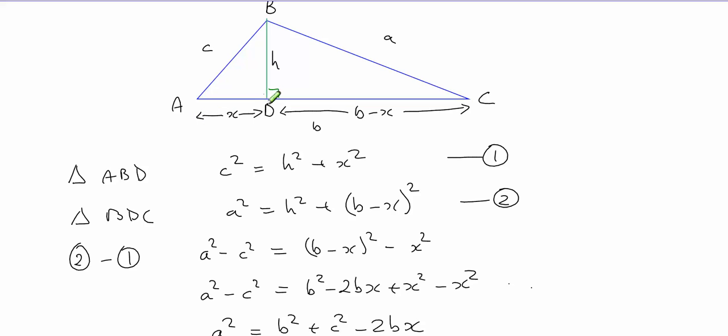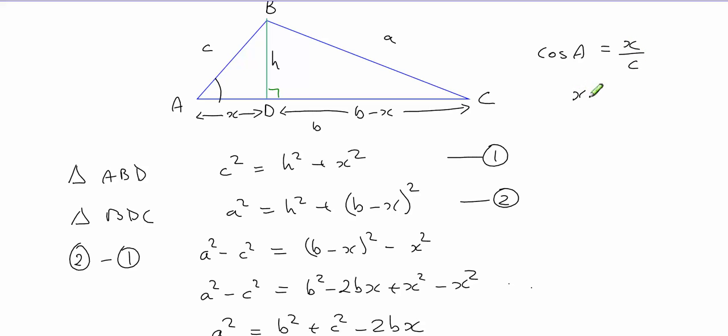Now going back to the triangle, x, we can see in triangle ABD, we can say the cosine of A, which is equal to adjacent over hypotenuse, is equal to x over c.